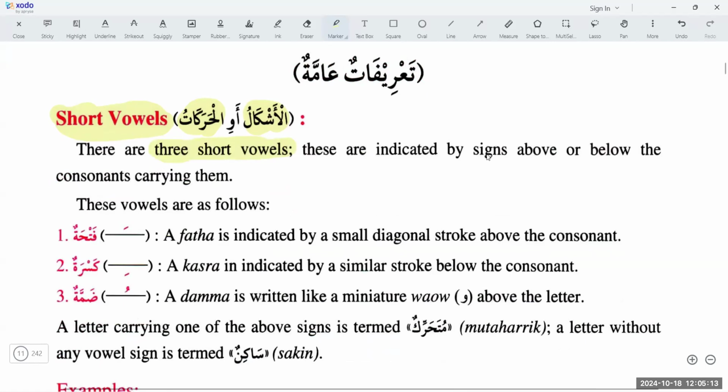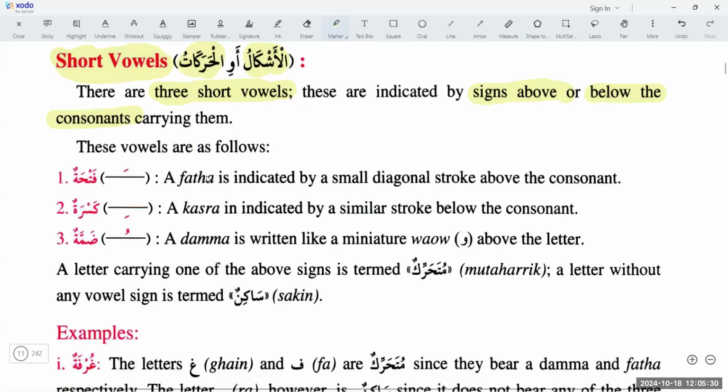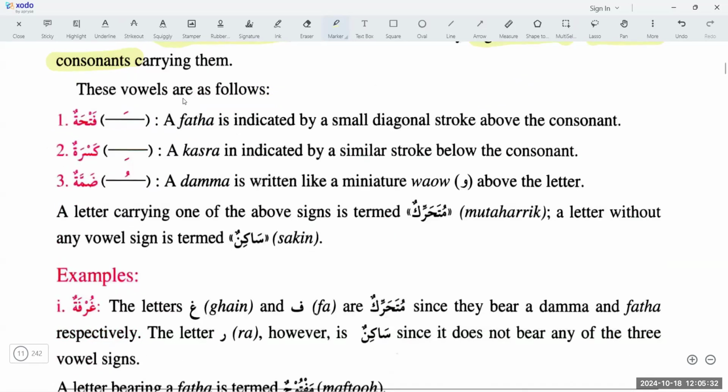These are indicated by signs above or below consonants carrying them. These vowels are as follows. First is fathatun. This sign is above the radical, above the harf.